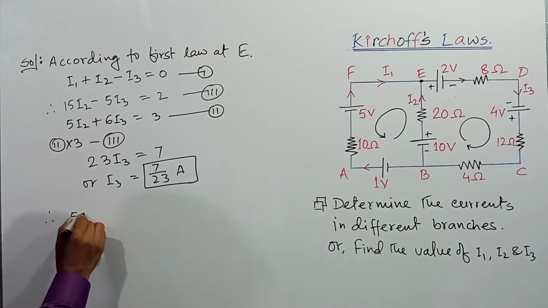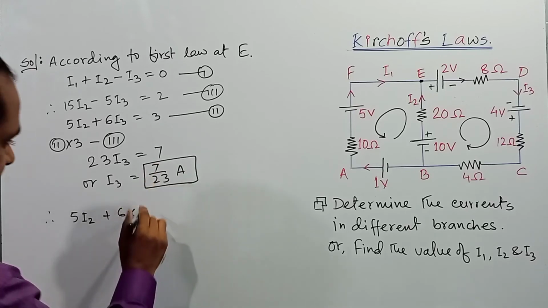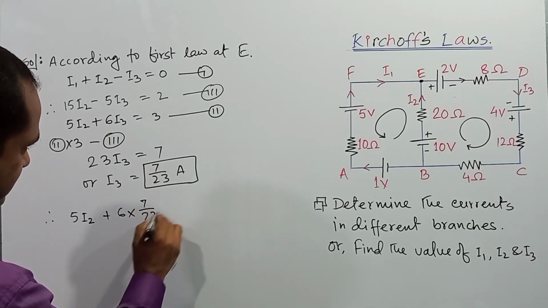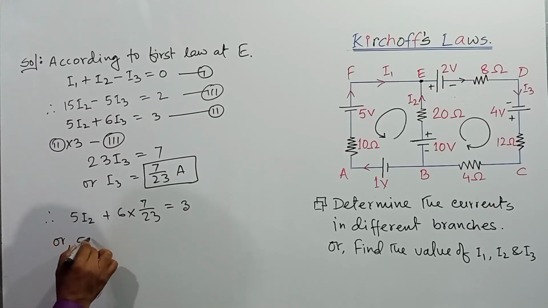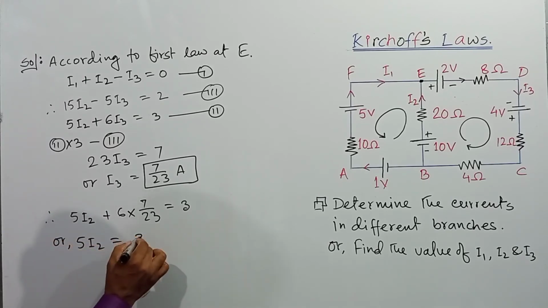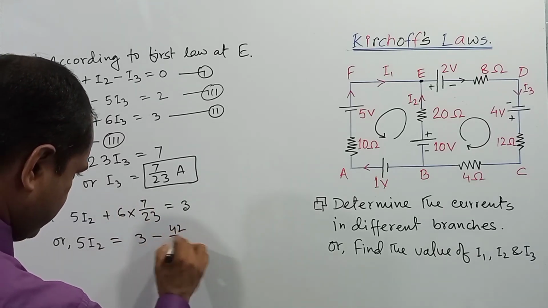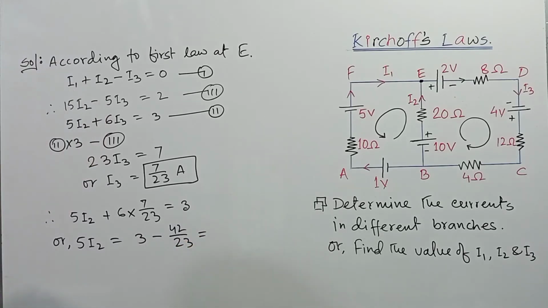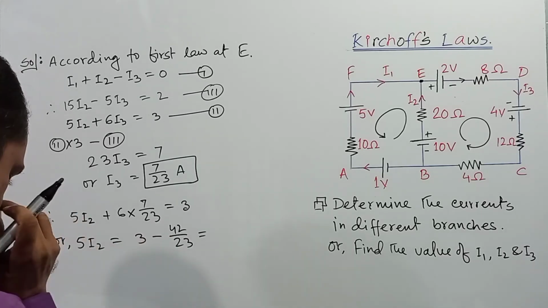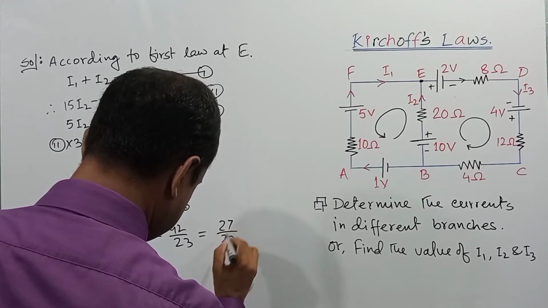Therefore 5 I2 plus 6 into I3, I3 means 7 divided by 23, is equal to 3, or 5 I2 is equal to 3 minus 6 sevens are 42 divided by 23. After the calculation you will get 69 minus 42, 27 divided by 23, right?